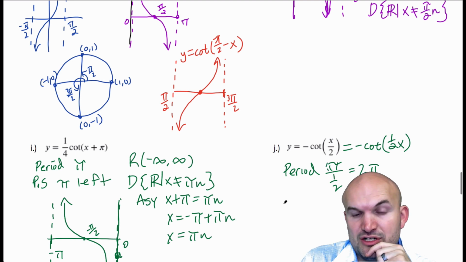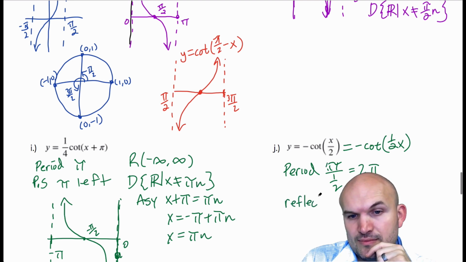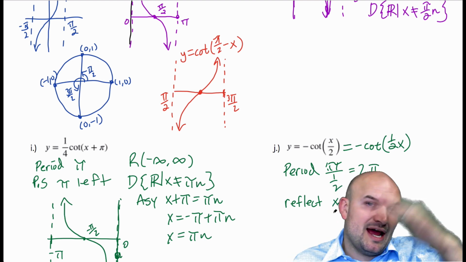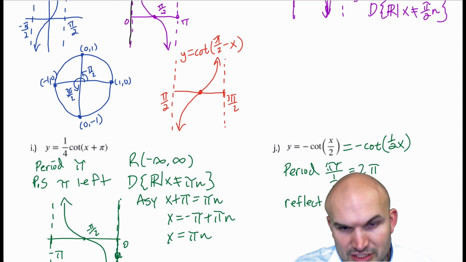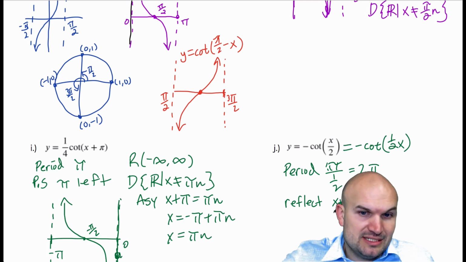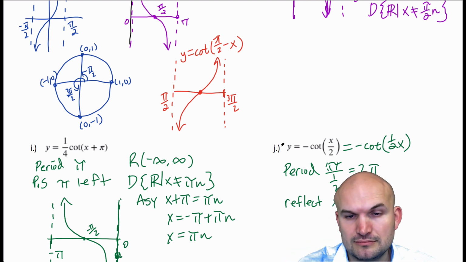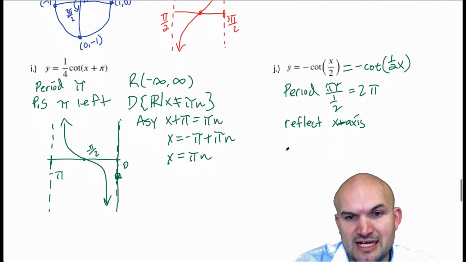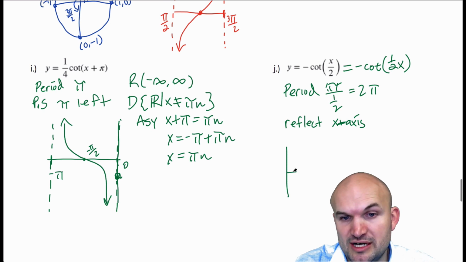We have a reflection about the x-axis. And that's really it. The 1/2 is obviously going to be a horizontal stretch, as you can see, because originally my period was pi, and now my period is 2 pi. So to sketch this graph, we are still starting at 0.